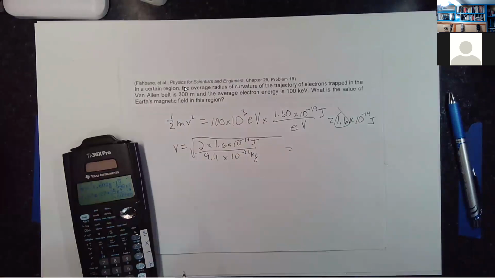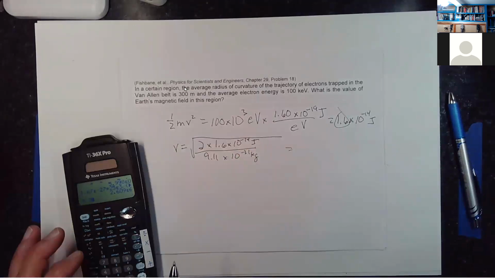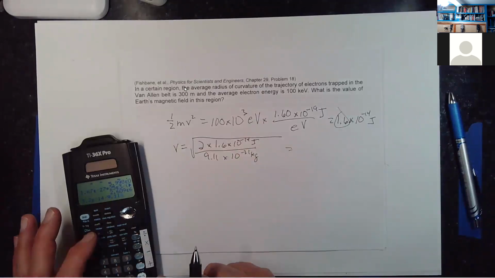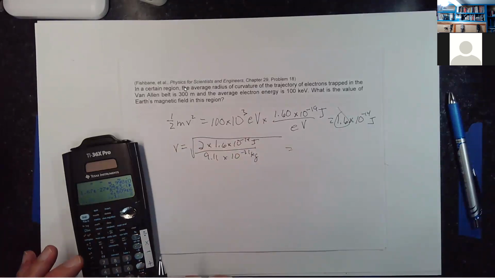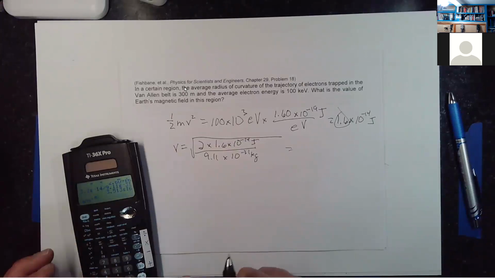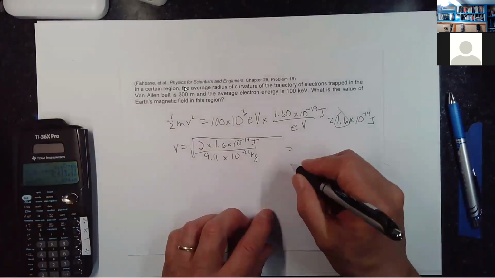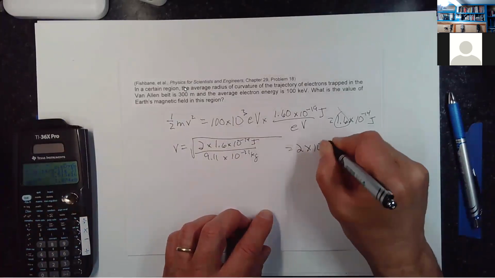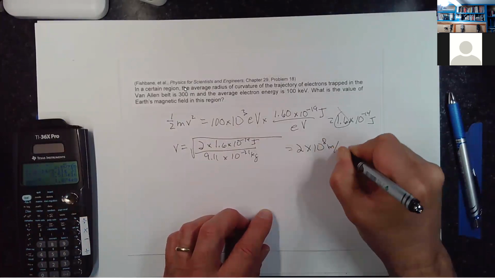So that's 3.2, and I have to take the square root of that. These things are going at a pretty good clip, about 2 times 10 to the 8th meters per second.